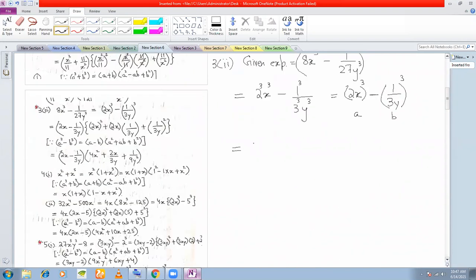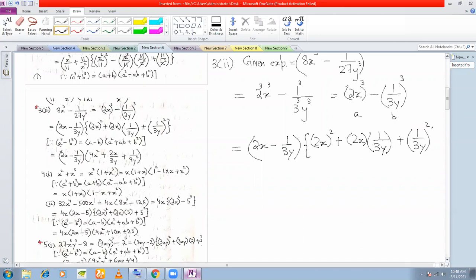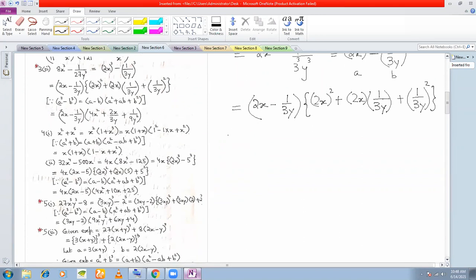So remembering this identity, you have a minus b into a square plus ab. A is 2x, b is 1 by 3y, plus b square. Okay.